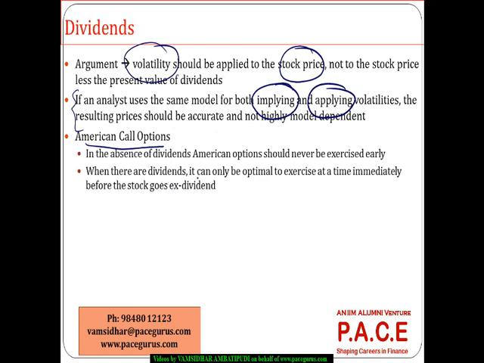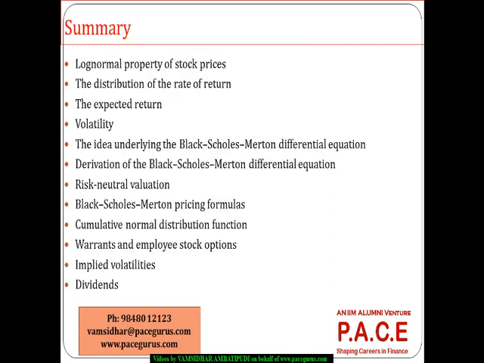But if there is a dividend, it is optimal to exercise the option just before the stock goes ex-dividend, that is, the latest possible date before the stock goes ex-dividend. So that is the traditional way we do the valuation, especially for American options where dividends are possible.